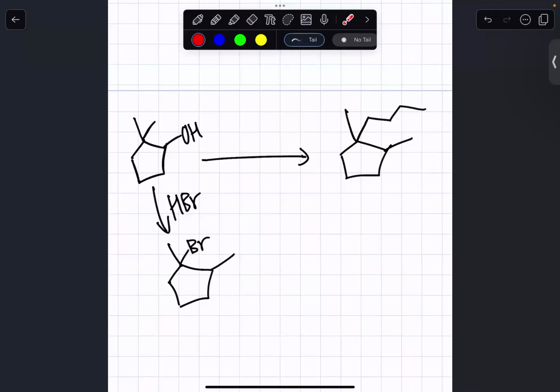Back in 118A, what kind of reaction adds carbon-carbon bonds? Yeah, Grignard reagents. That's right.